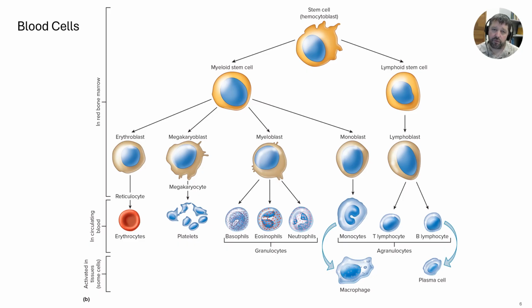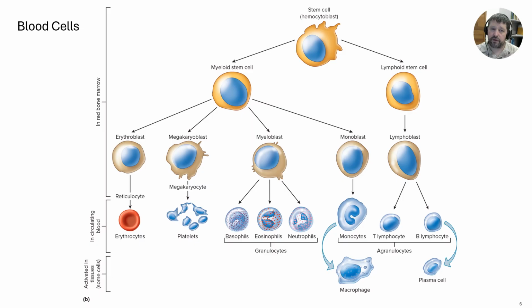If we come back over to the myeloid stem cells, they could be erythroblasts. That's the cell that's going to give rise to erythrocytes. You might remember from previous lectures that erythrocytes in mammals do not have nuclei.